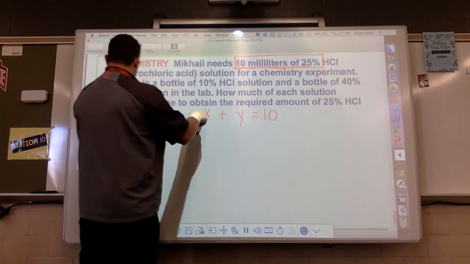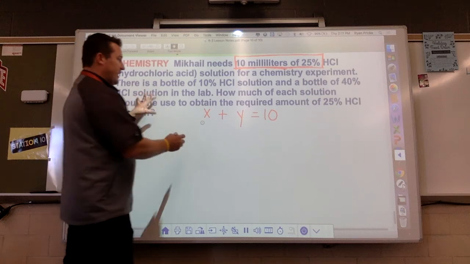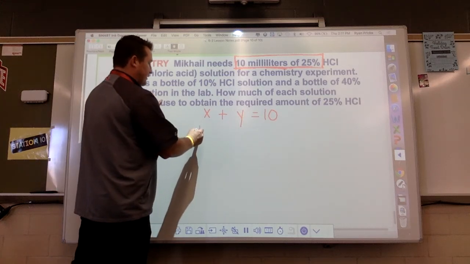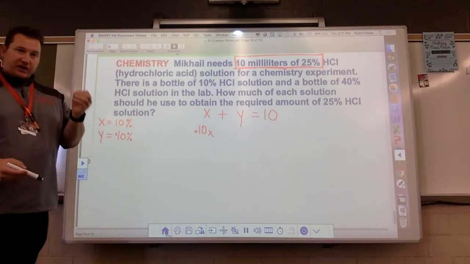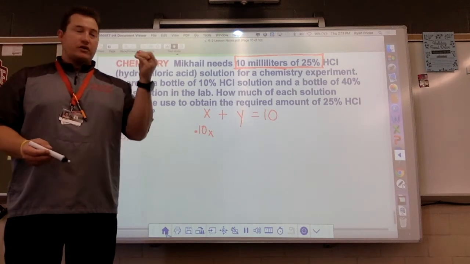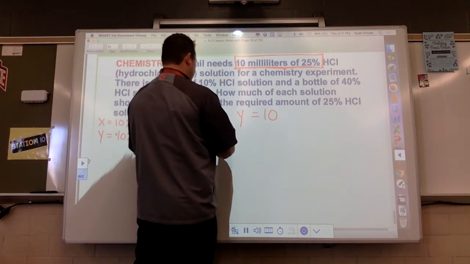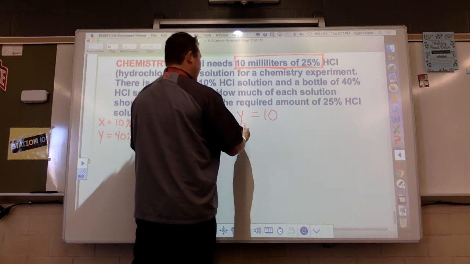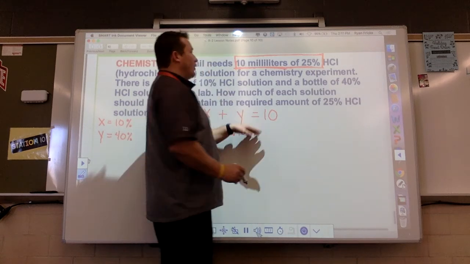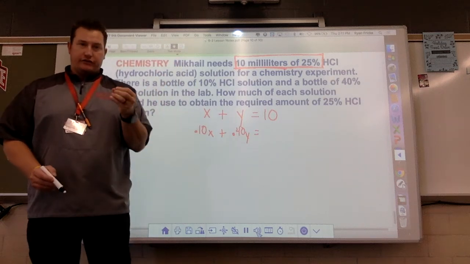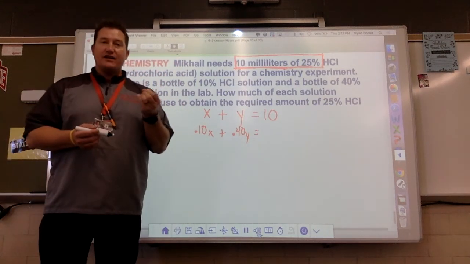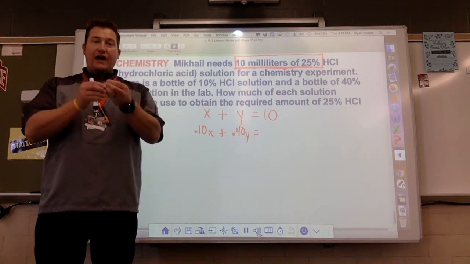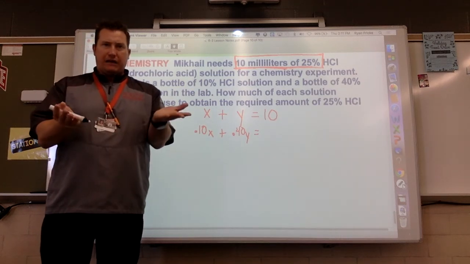In our 10%, how much of that is pure hydrochloric acid? Well, 10% of it is. In our 40% mixture, how much is pure hydrochloric acid? Well, 40%. You guys are good. Well, when we make our 10 milliliters, which is a 25% mixture, how much of that is going to be pure hydrochloric acid? I don't know.